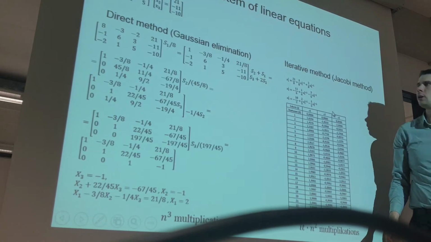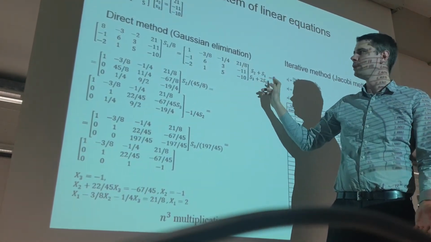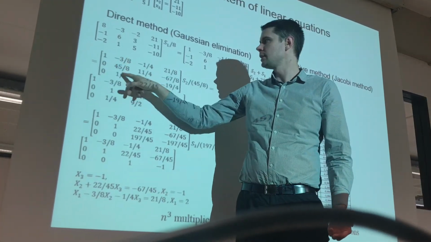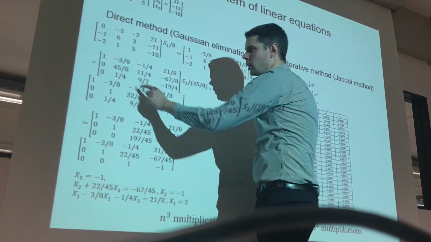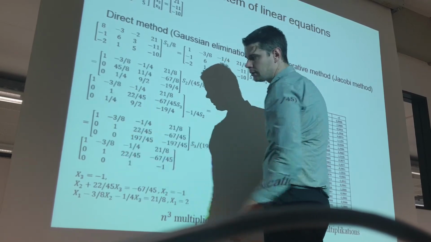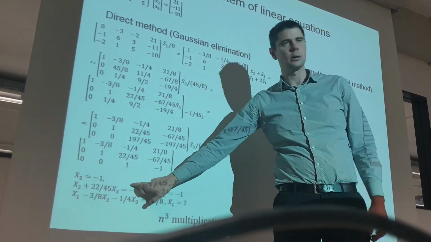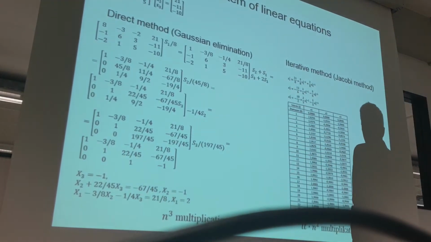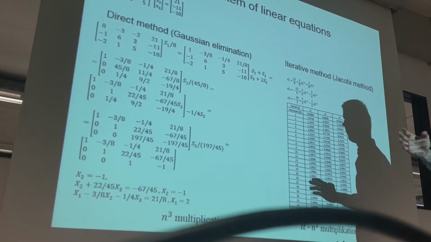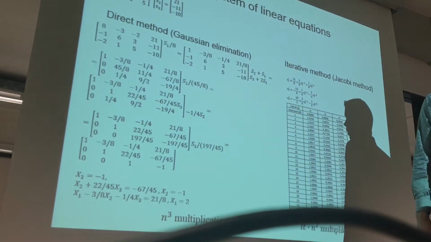So, okay, we divide by 8, then we have 1, yes, and then we can do plus, minus, and then we can get 0 elements under 1. And then the same story: we divide by this point, then we have 1 on the main diagonal, and then we can create 0 under the diagonal. And at the end we have this system, and we can say x1, x2, x3. So this is a very good method, yes, n cubed multiplications. So you need to solve this system.